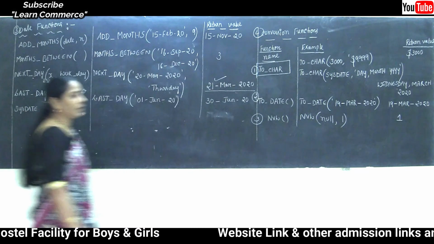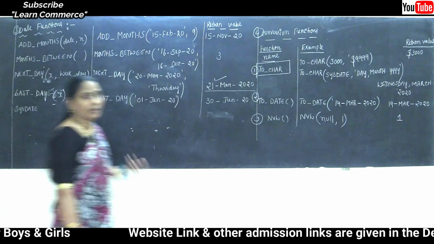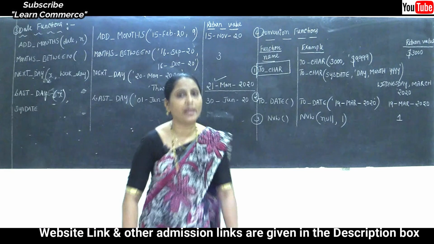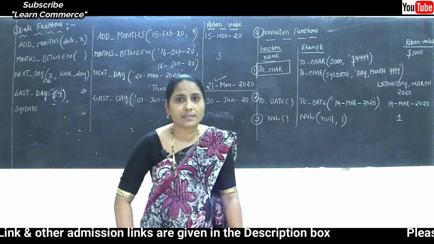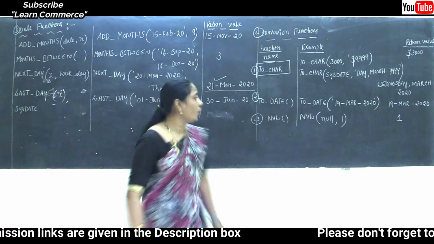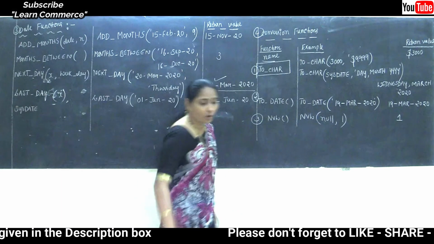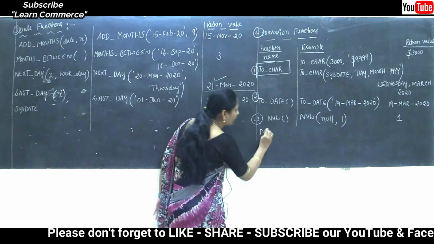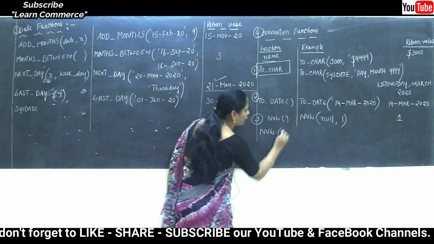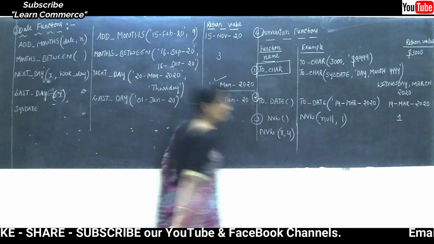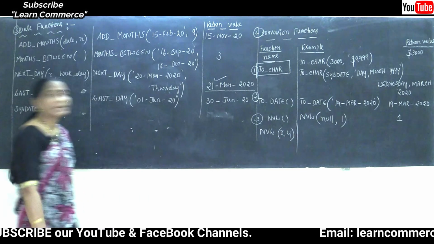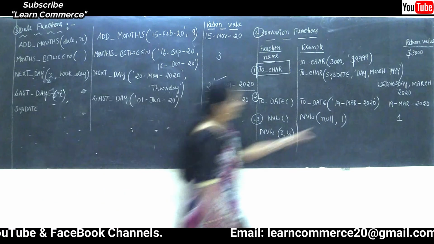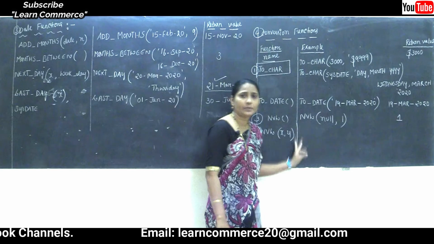And the last thing is our NVL. I already said the meaning, or the full form, of NVL: NVL is called null value. Here, maybe the x and y values are in brackets. If you are writing NVL(x, y), we can say that if x is null, then it is replaced with y. In the example, I took the x value as null.